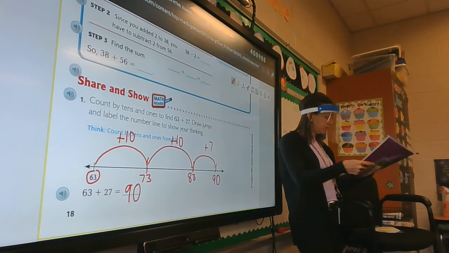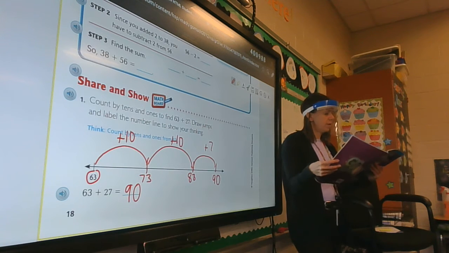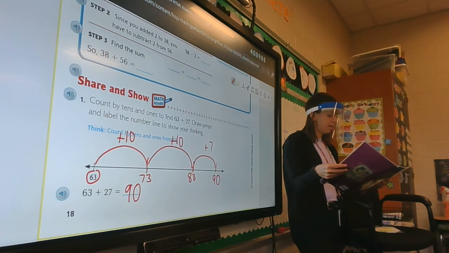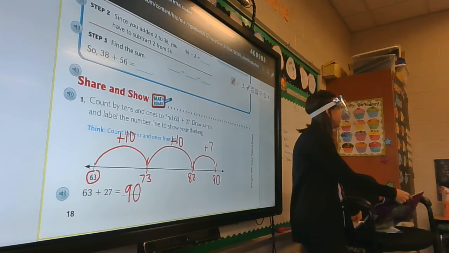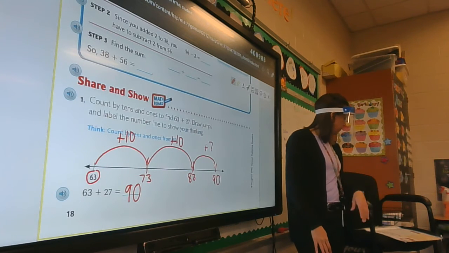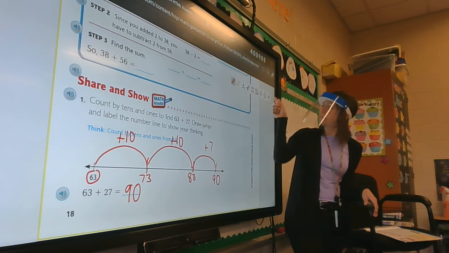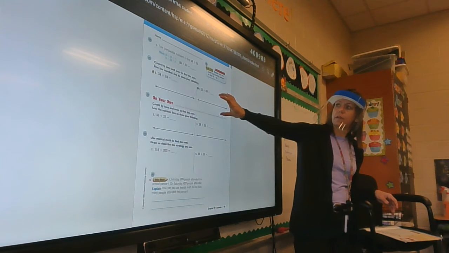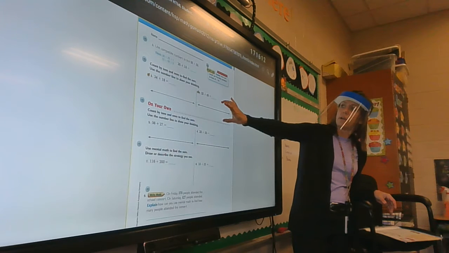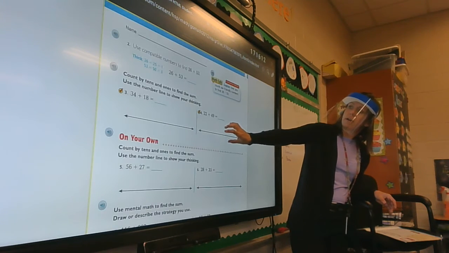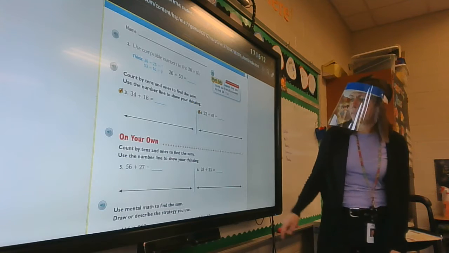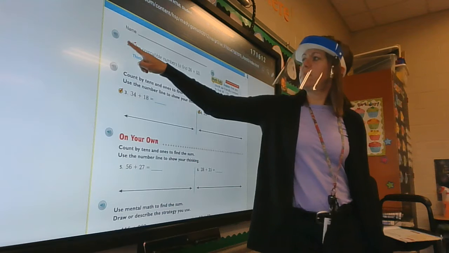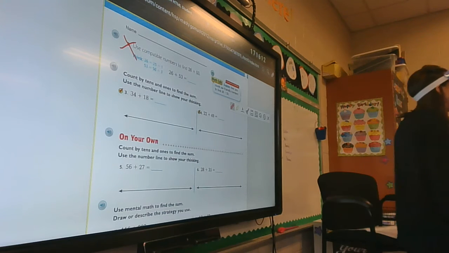So what if you were to look at page 19? All right, you can skip number 2, unless you want to try it.